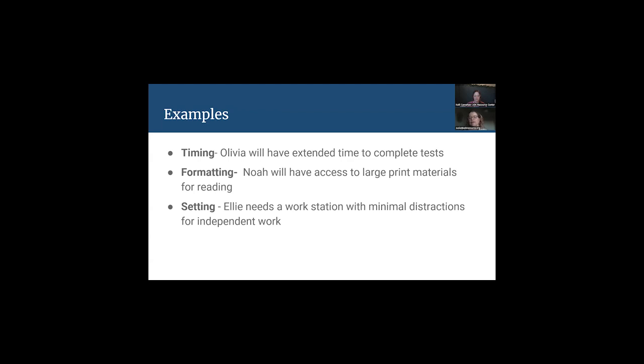Formatting is another kind of accommodation. Noah will have access to large print materials for reading. So this could also be Braille. This could also be just different ways of presenting material for Noah. Setting is another accommodation. Ellie needs a workstation with minimal distractions for independent work is another example for setting sorts of accommodations.